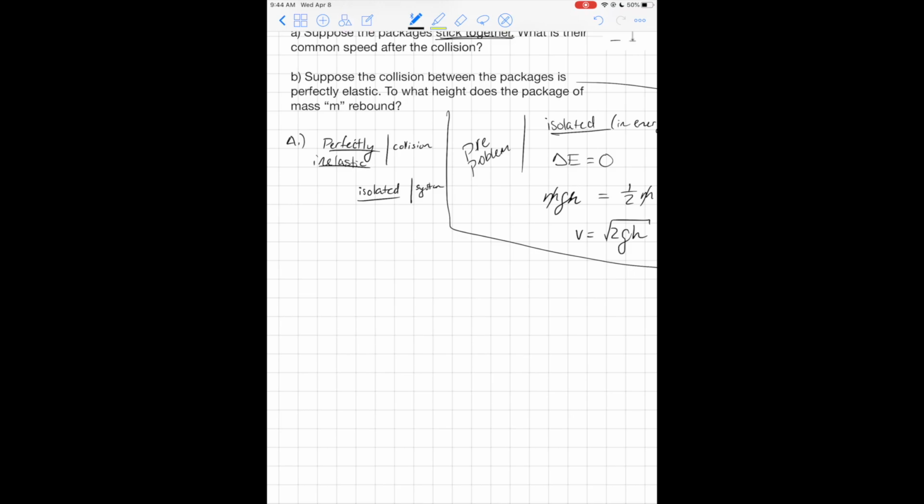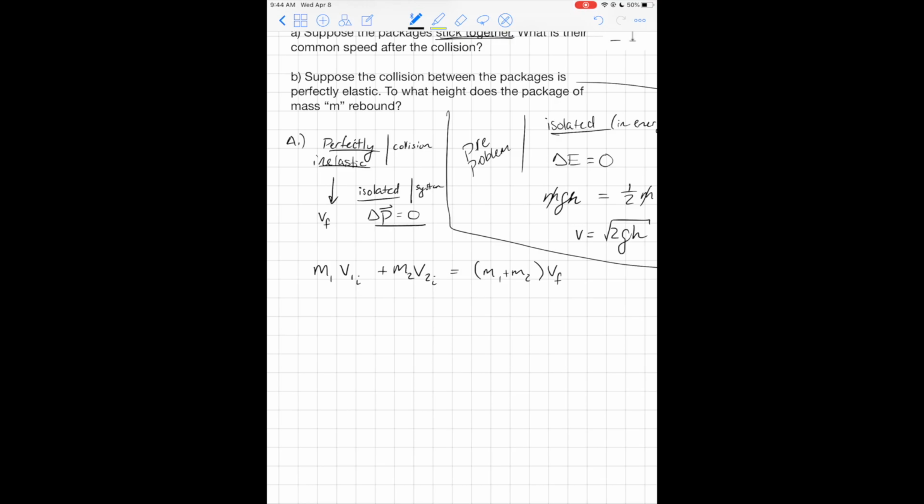So, it's isolated. That means P is conserved, delta P is 0. It's perfectly inelastic, so they have a final VF that's shared, and that's what we're after. What's the common speed after the collision? So I have M1 times V1I plus M2 times V2I equals the sum of M1 plus M2 times VF.